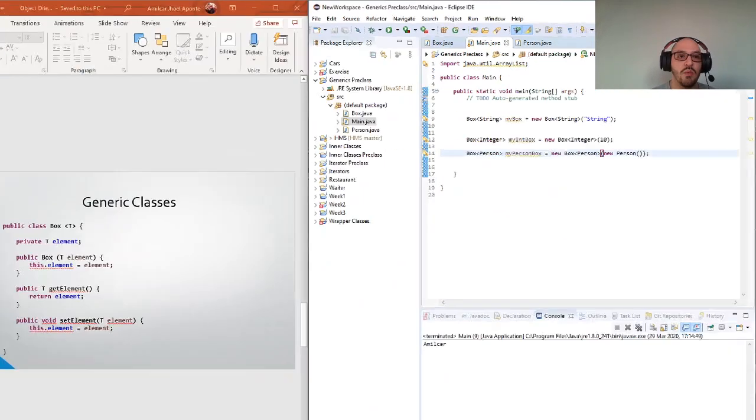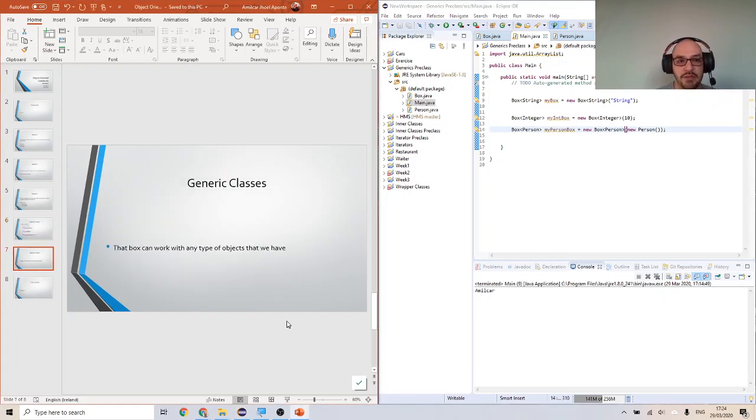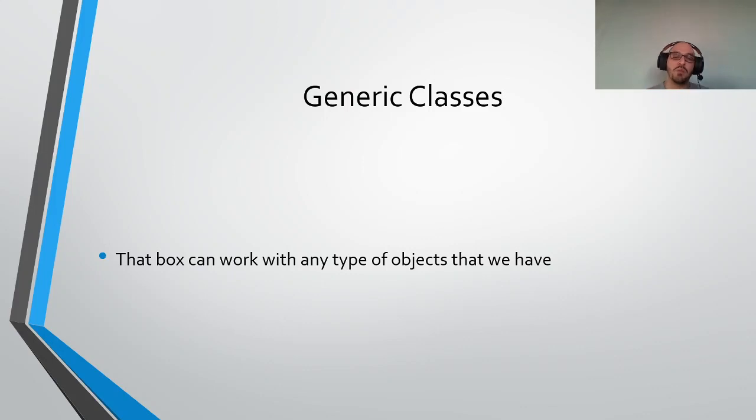Now, when would we use something like a generic class? Well, normally when we talk about collections, anything that can hold other data, anything that can hold other types of objects. If you want to define something that can hold any type, then definitely a generic would be your option.